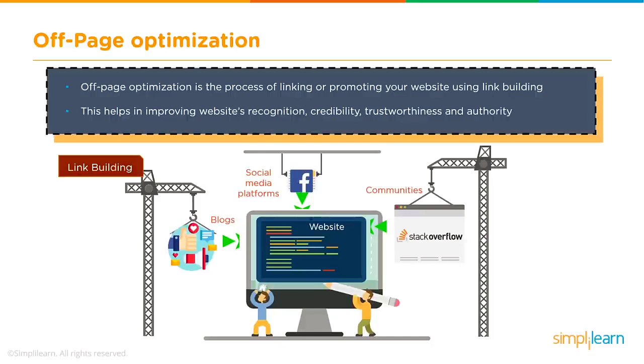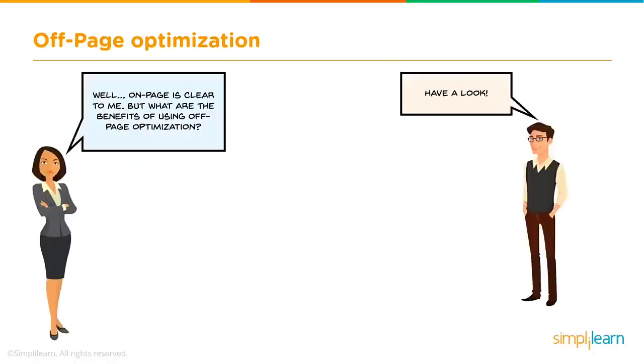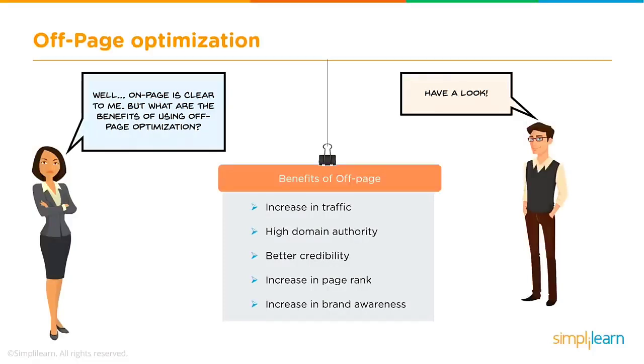What I mean by high domain authority is that if we have links from other web pages pointing back to us, then our domain authority is going to improve. And when our domain authority improves, other websites are going to want to link to us. The higher our website's authority, the more other web pages are going to want to link to us. So the more external linking we have, the higher the domain authority.